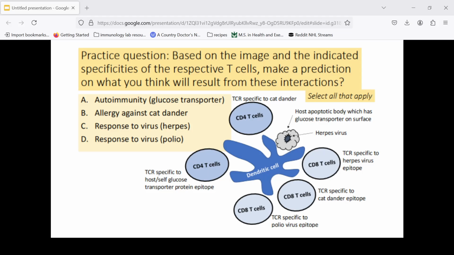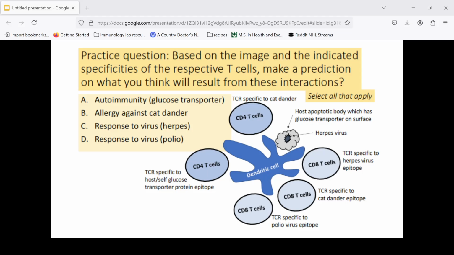Yes, because we are ingesting that herpes virus, the dendritic cell recognizes that there are PAMPs. Once it phagocytoses this, it's going to go through our whole processing and breakdown, and then it's going to present all of the epitopes onto our MHC2 proteins.